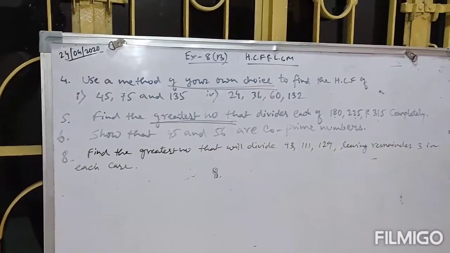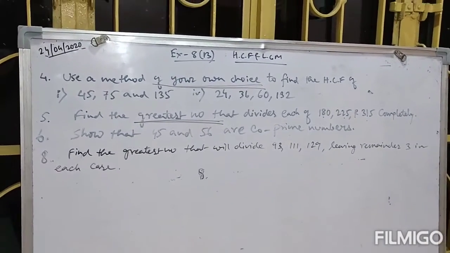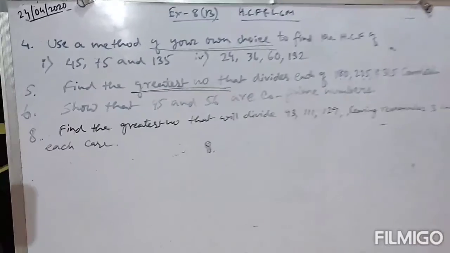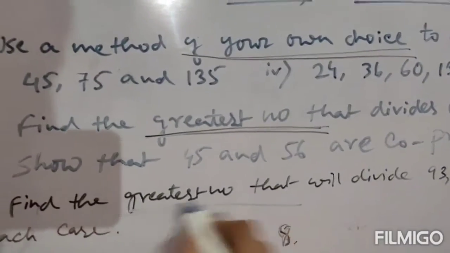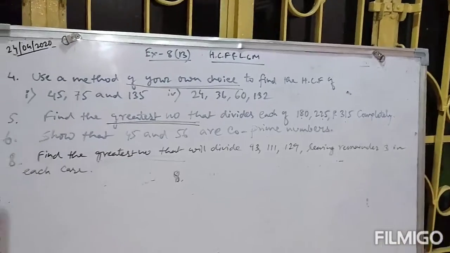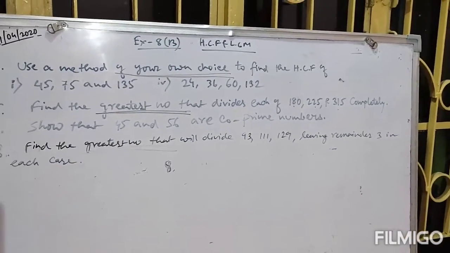Question number 5 says we have to find the greatest number that will divide these three numbers completely. There is no remainder mentioned. But in question number 8 we also have to find the greatest number, but it should leave remainder 3 in each case.